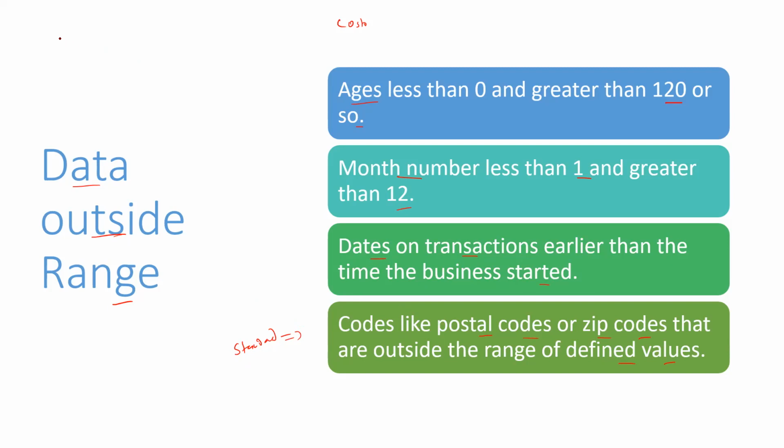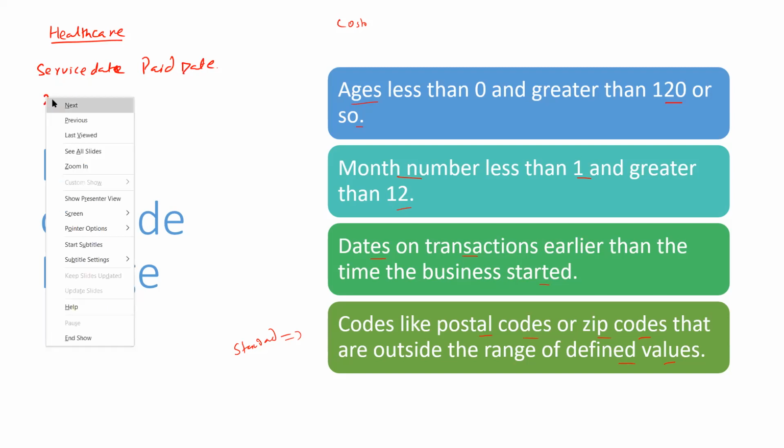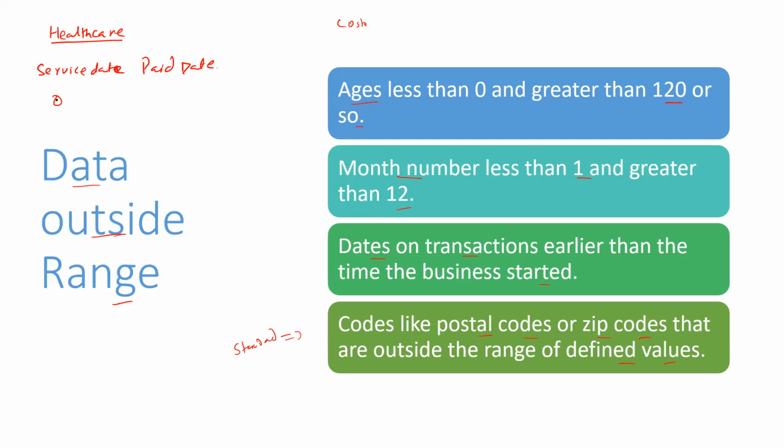When I was working in a healthcare company, we had a patient service date and a paid date. There were some cases where the service was taken in, let's say, January 2011, but the payment was on January 2, 2010.